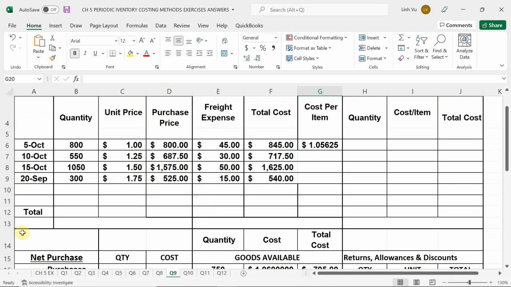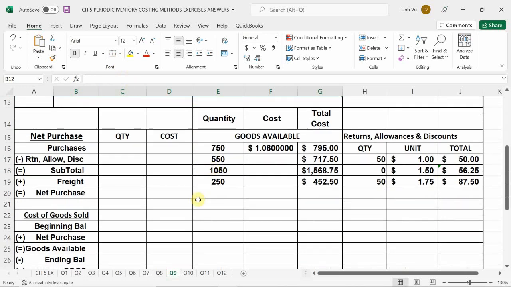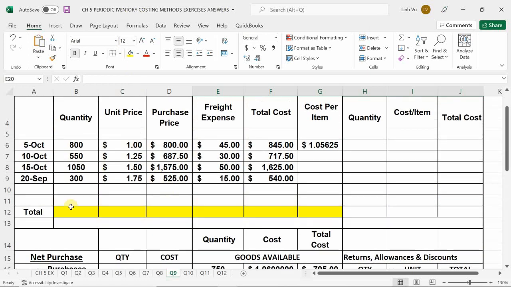So let's go ahead and do what we normally do, right? Add up my total purchases here. And then I need to add up my total goods available as well as my total returns here. Okay. So start from the beginning.